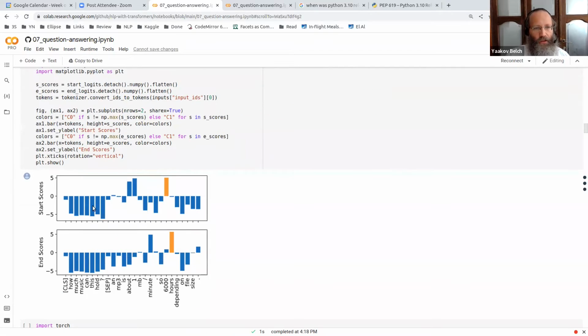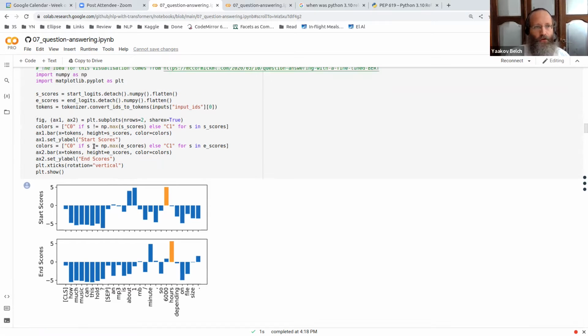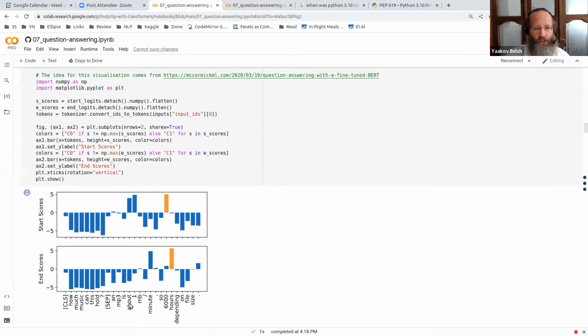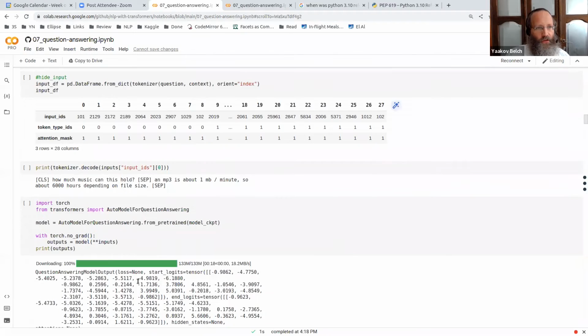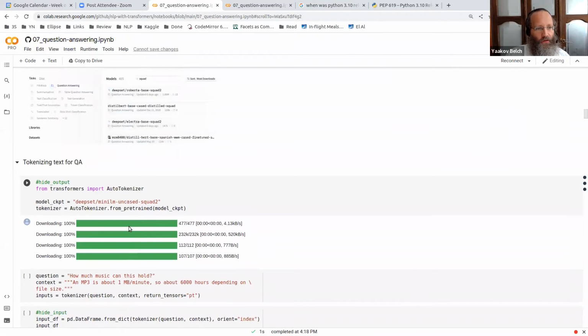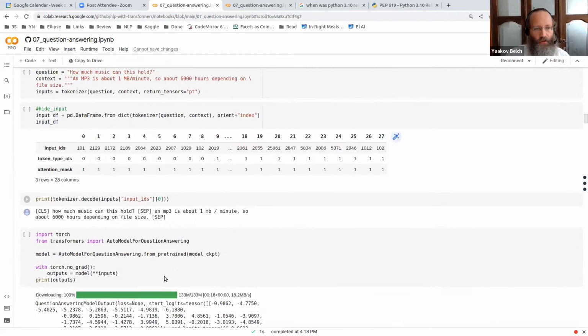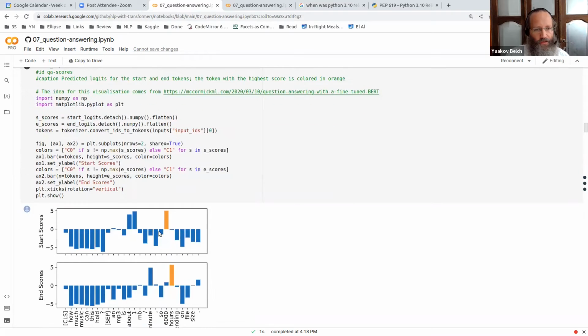So we get the graph over here: this is the context, the document which we look at, and we have a question. The question is: how much music can this hold? The correct answer is 6,000 hours.